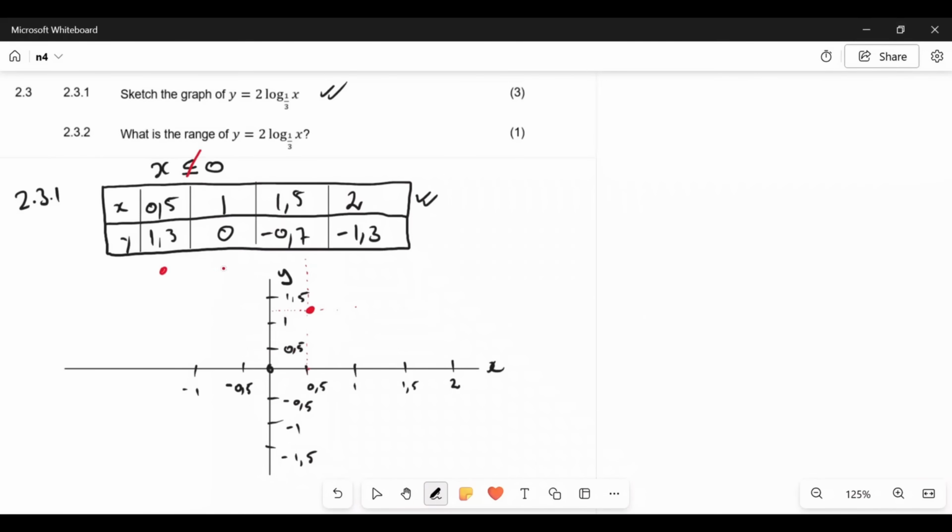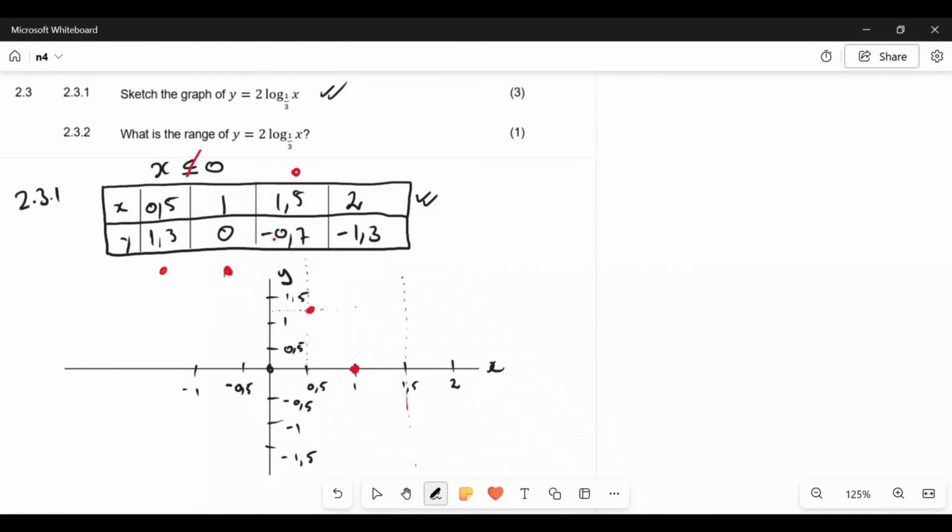Now let's move to the next point. When our x is 1, our y is 0. So this is the point here. Our x is going to be 1 there, but our y is 0 on the x-axis. Now let's move to this point here. When our x is 1,5, our y is negative 0,7. So 1,5 is here. You take a ruler, draw the line there.